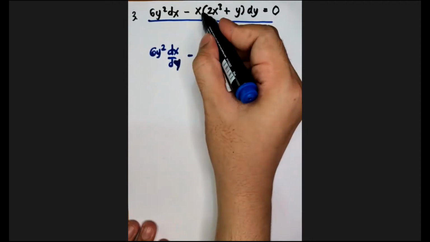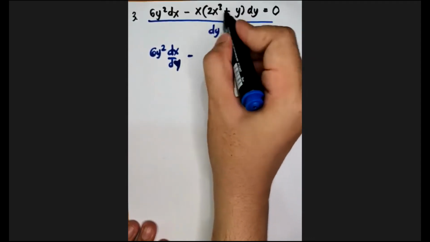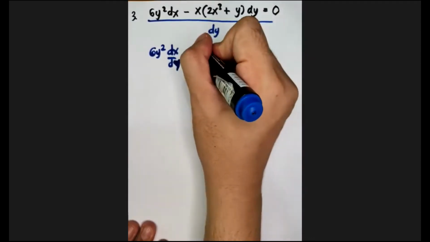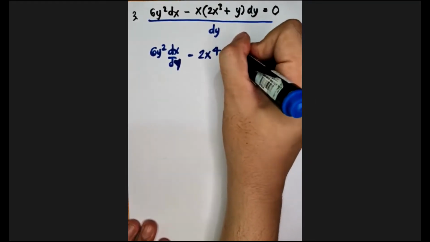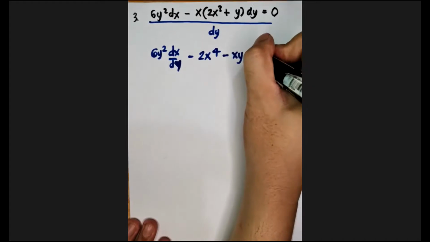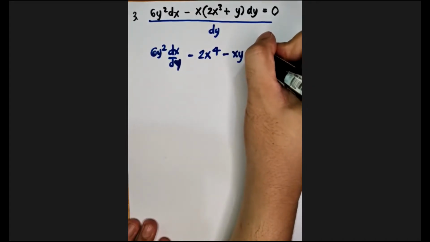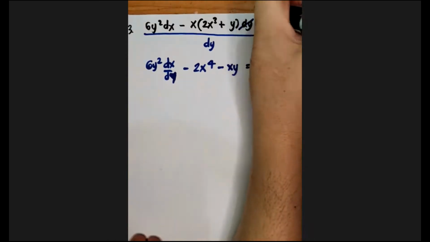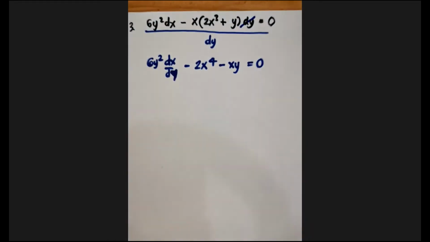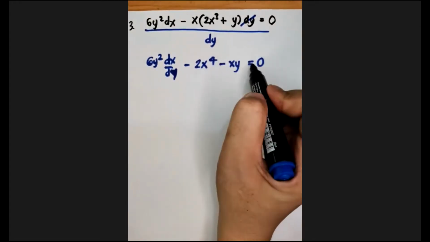minus, then we distribute this to the terms in the parentheses. So this is 2x to the 4th minus xy is equal to 0. So negative 2x to the 4th minus xy is equal to 0.